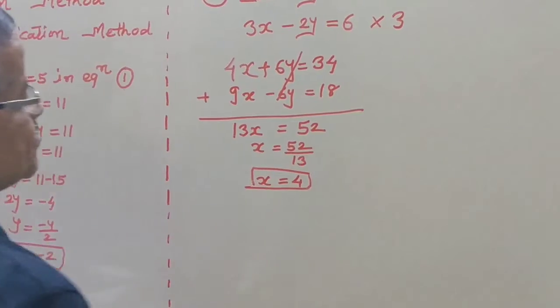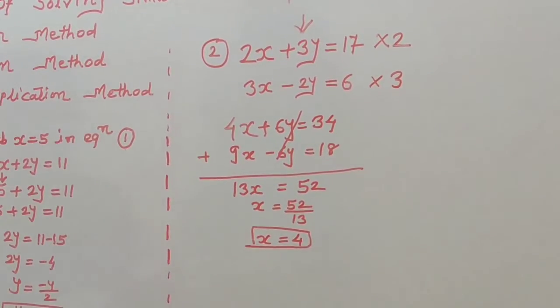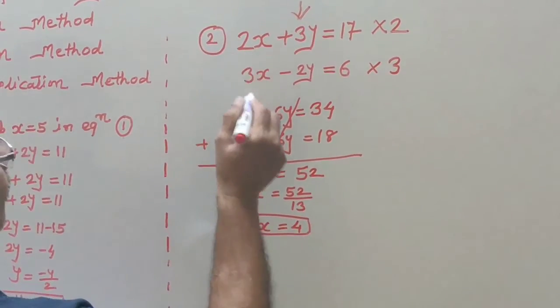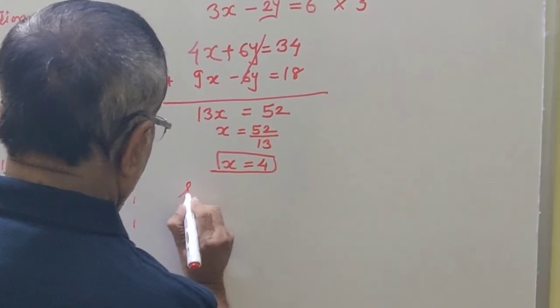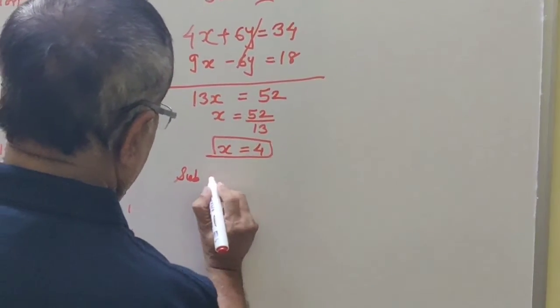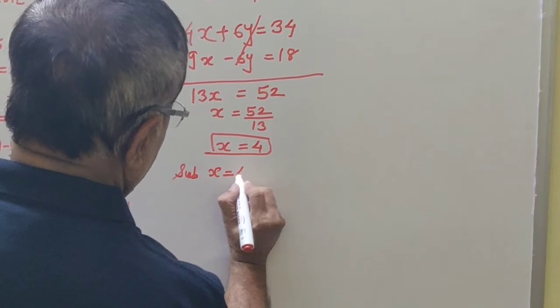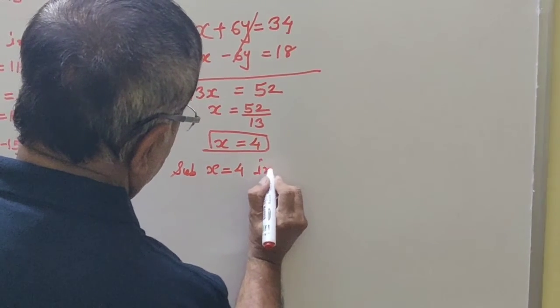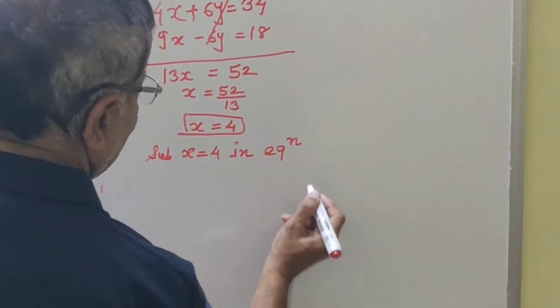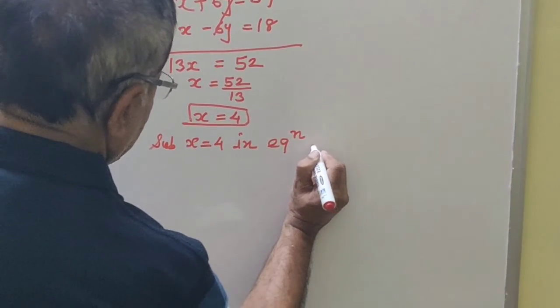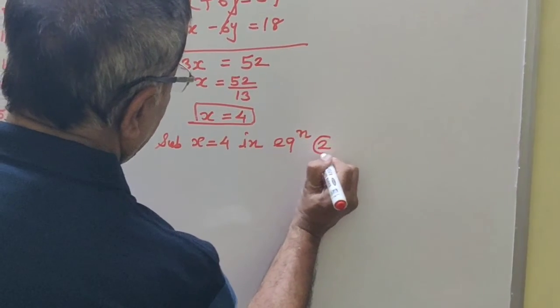Now I will substitute x is equal to 4 in equation 1 or 2. I am substituting the value of x is equal to 4 in equation 2. I can substitute in equation 1 also, but I am substituting in equation number 2.